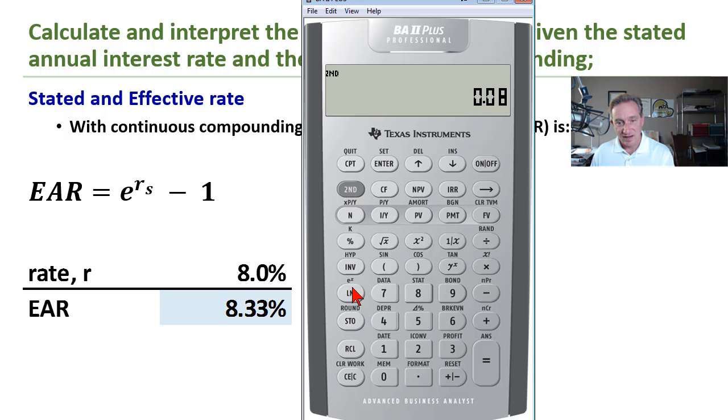So second function, e raised to that 8% gives me the 1.083, and I subtract the 1. And so 8.33% is my effective annual rate, which corresponds to the 8% per annum with continuous compounding.